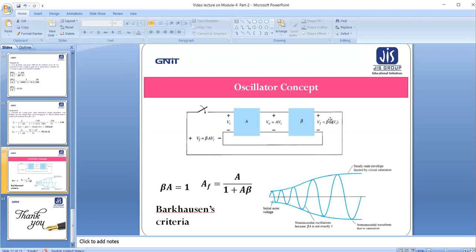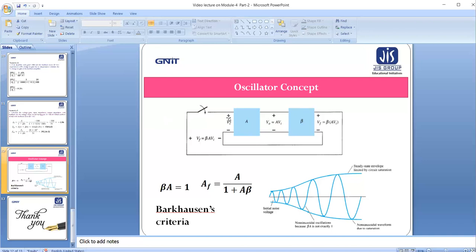Now, this feedback voltage is connected in such a way that its negative polarity is connected to the negative polarity of the input signal of the amplifier, and the positive polarity of VF, the feedback, is connected via a switch to the positive polarity of the input signal.